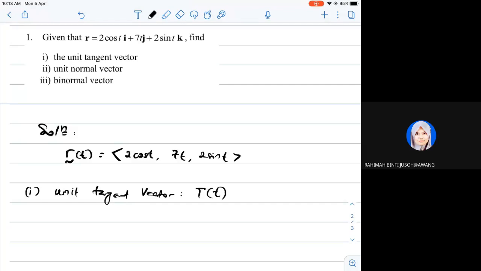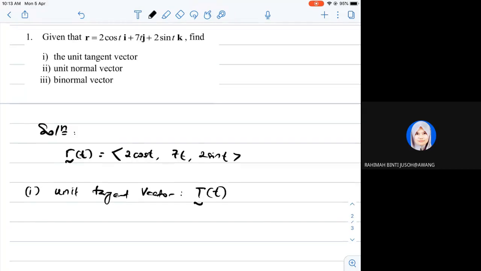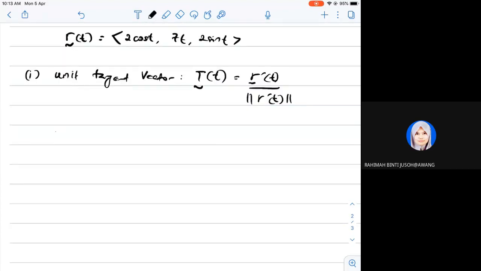Okay, T of T equals R prime T divided by magnitude of R prime T. So you have to differentiate. Okay, we need to differentiate our R. So R prime T, differentiate 2 cos T. What should you get? Positive or negative sign? Negative sign.